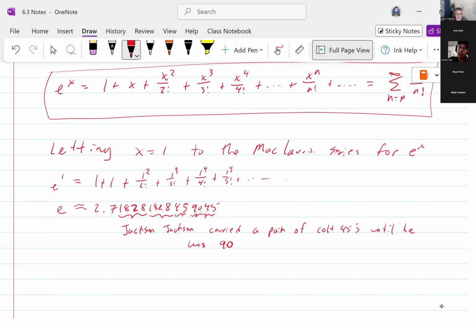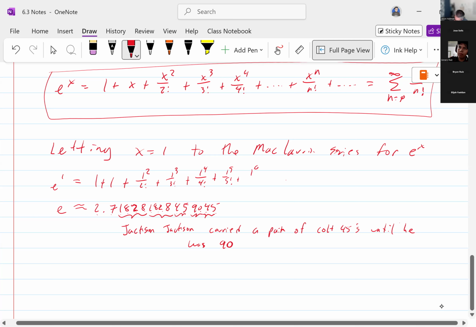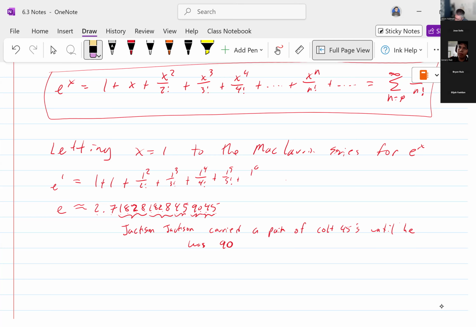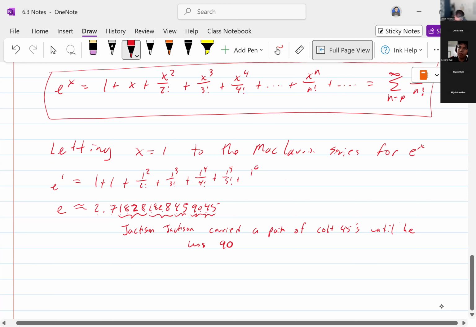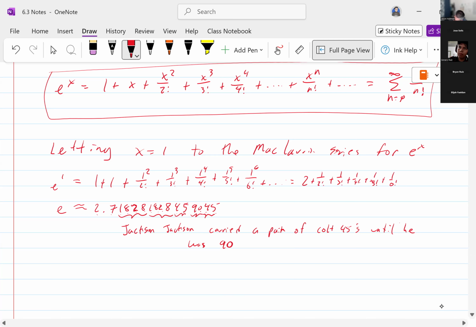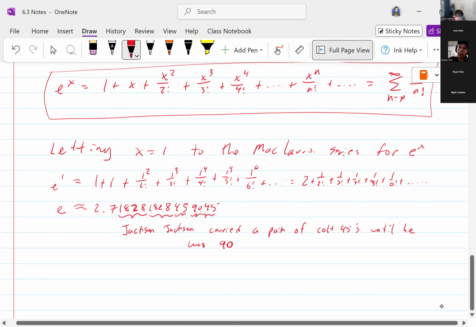of e. But if we continue to add on terms, we're going to get successively better and better approximations of e. These are all ones, 1 to the 6 and so on, so this goes plus dot, dot, dot. And this is just going to be equal to 2 plus 1 over 2 factorial plus 1 over 3 factorial plus 1 over 4 factorial plus 1 over 5 factorial plus 1 over 6 factorial, and it just keeps going forever.